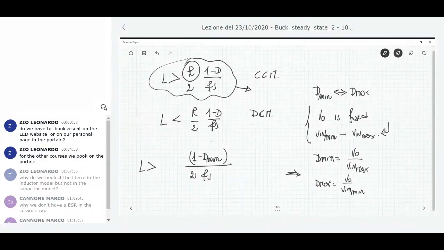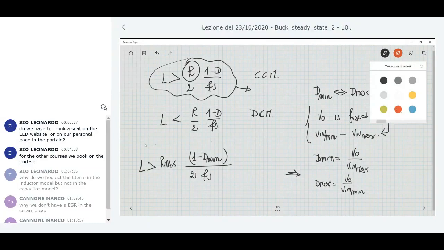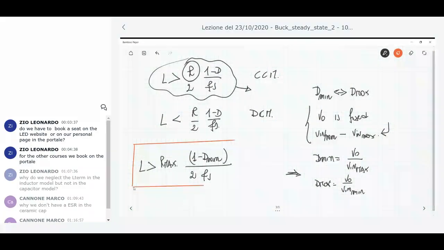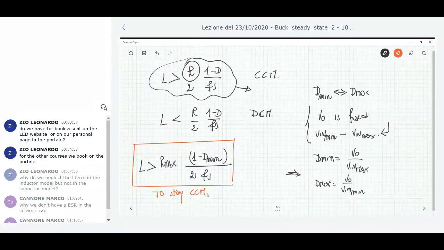Also, the resistance can change from a minimum value to a maximum value, and you should know this when you start your design. In order to be sure that L is always higher for all the operating conditions, you have to put here the maximum. So minimum duty cycle, maximum resistance, and then you can choose your inductance.